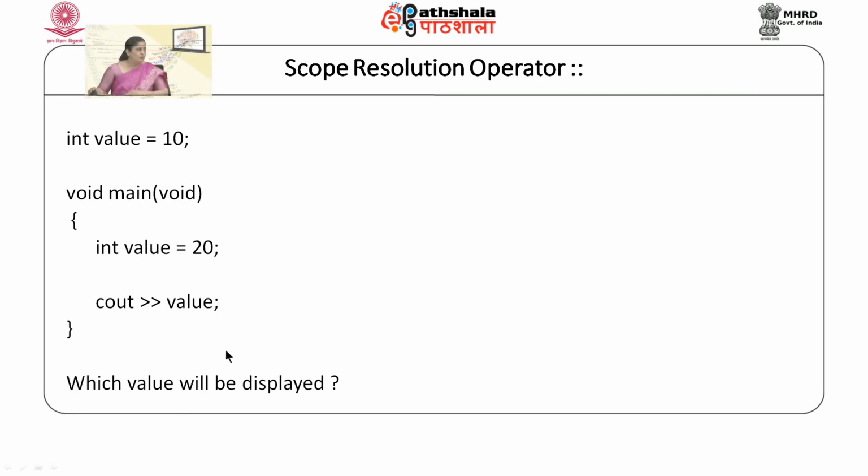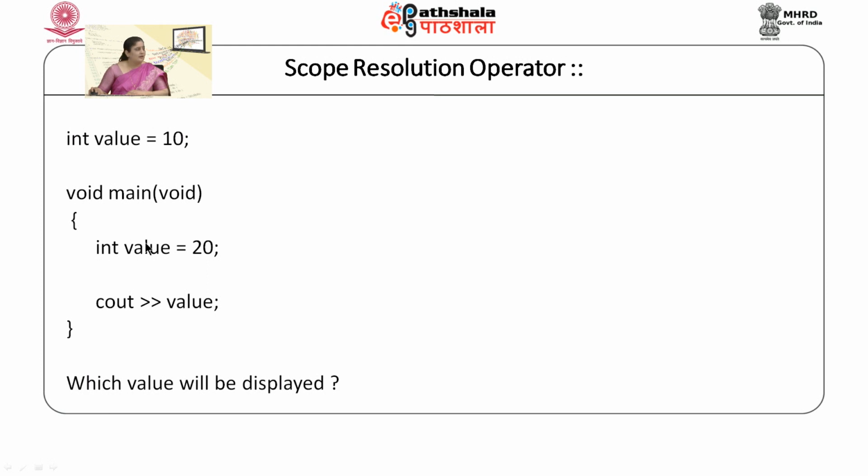Now, in this example you see that we declare a variable value as a global variable. We also declare another variable with the same name value inside the main function. This declaration is valid in C and C++ both, because though the name of both the variables is same, they are defined in two different scopes.